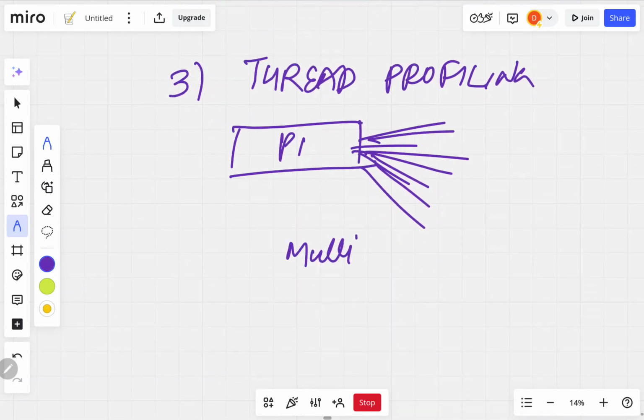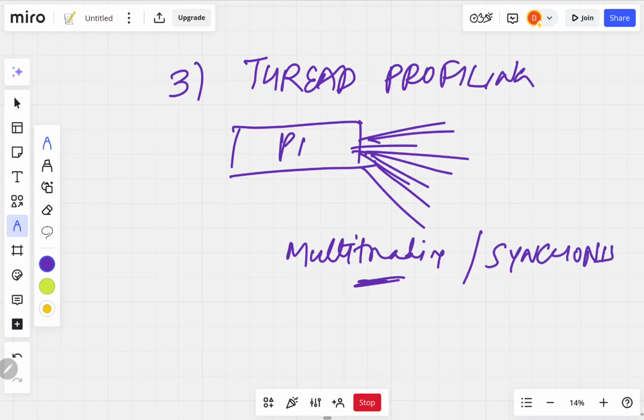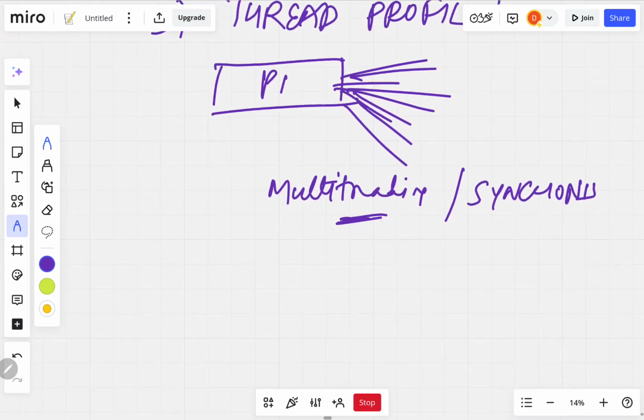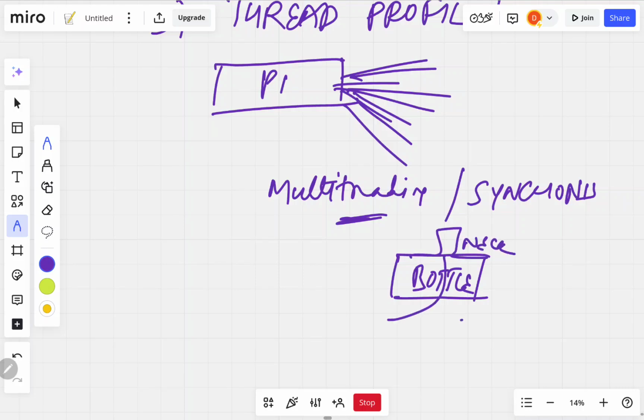These, if not done properly, can lead to serious performance issues. Multi-threading, or you can say synchronization of the threads, because here they will fight and we will come into a bottleneck between the threads. Bottleneck. Everybody wants to get out and do work, but there's no space.